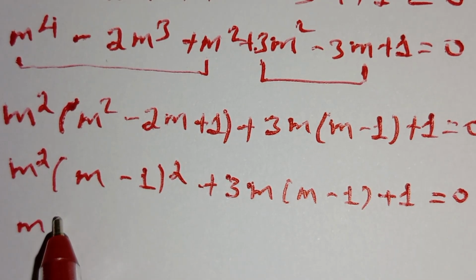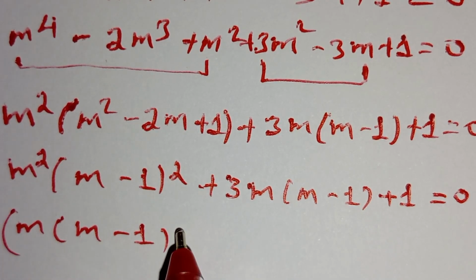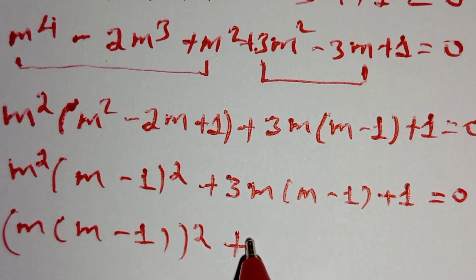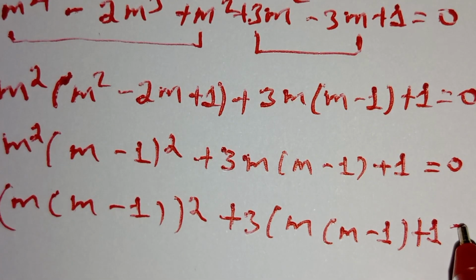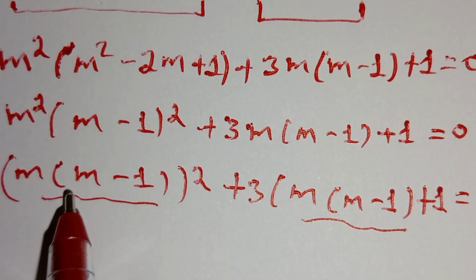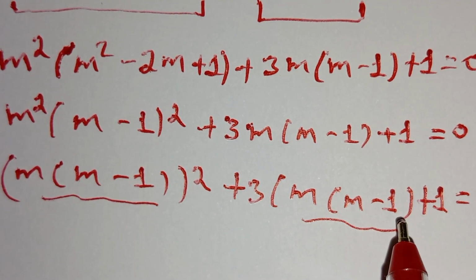M into (m minus 1) the whole square plus 3 into m into (m minus 1) plus 1 is equal to 0. Here is m into (m minus 1) and here is m into (m minus 1).